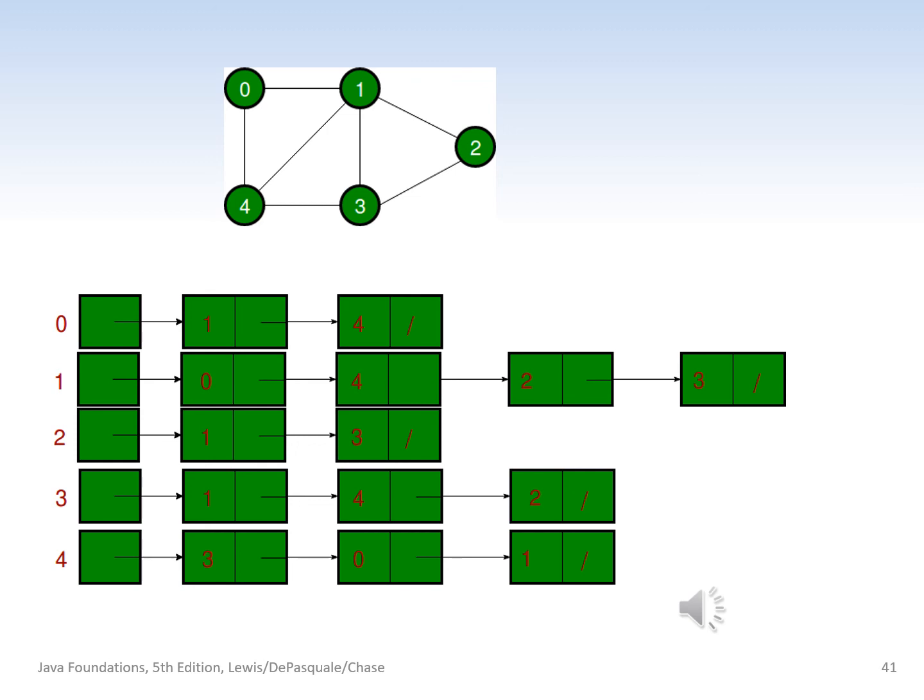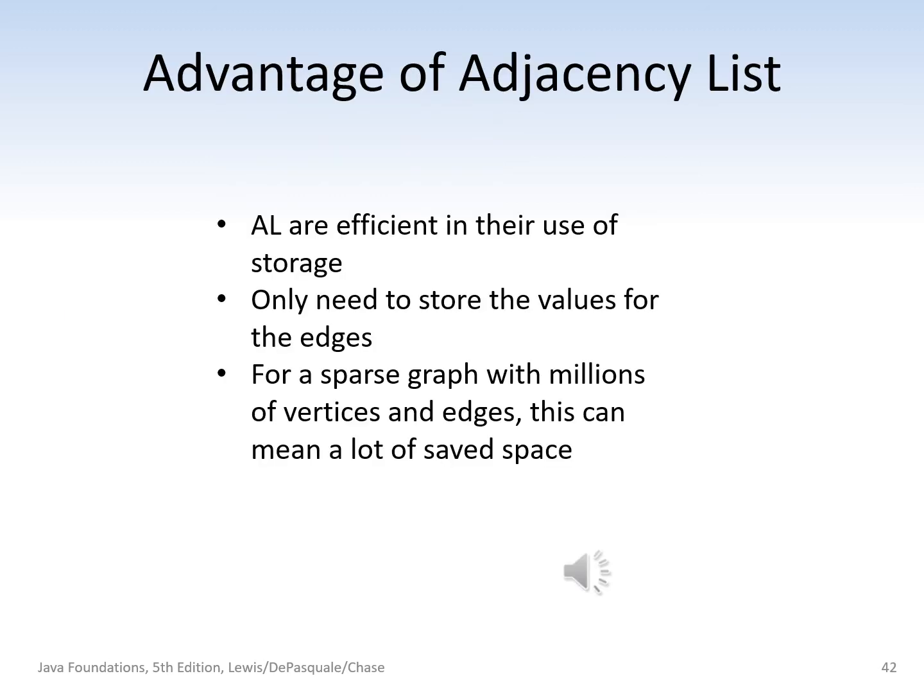Index 4 holds a list of 3, 0, and 1. Now, to wrap this up, we're going to take a look at the same graph in the adjacency matrix. Although adjacency lists are not as easy to read, the representation is a little bit more cryptic.